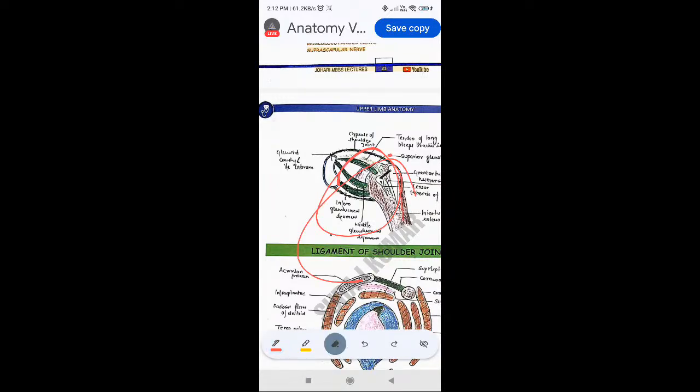So what you can write here is the coracoacromial arch, or secondary socket for head of humerus.